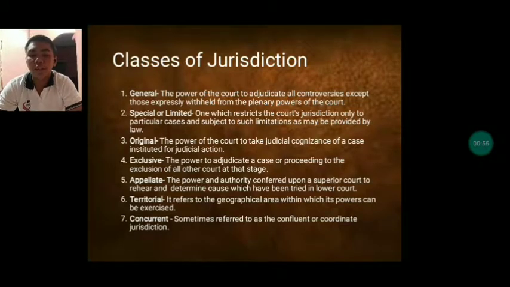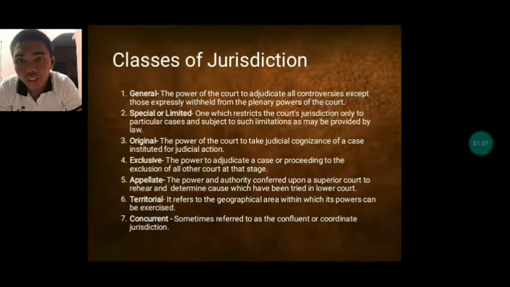Special or limited is one restricting the court's jurisdiction only to particular classes of subjects, such limitation as may be provided by law. It is confined to particular causes which it can exercise under the limitation of circumstances prescribed by the court.